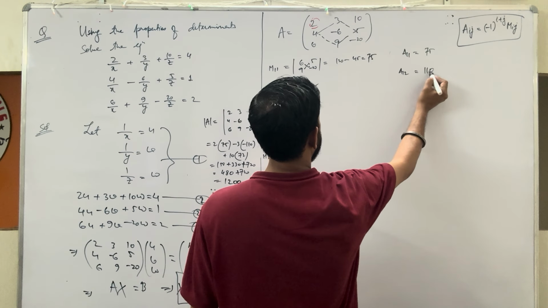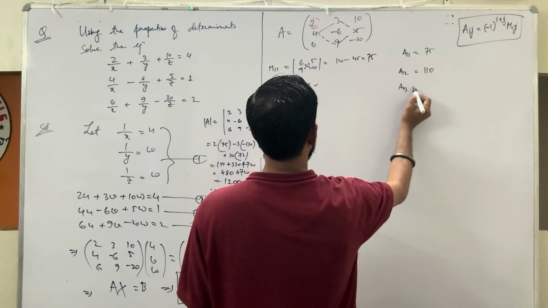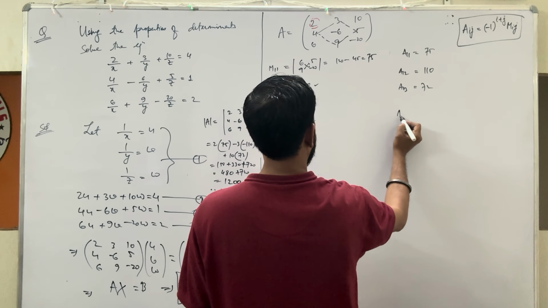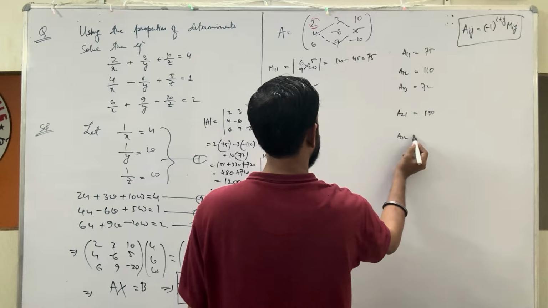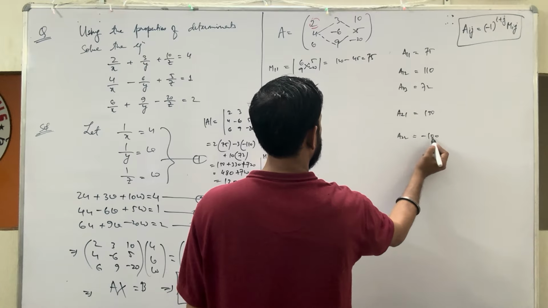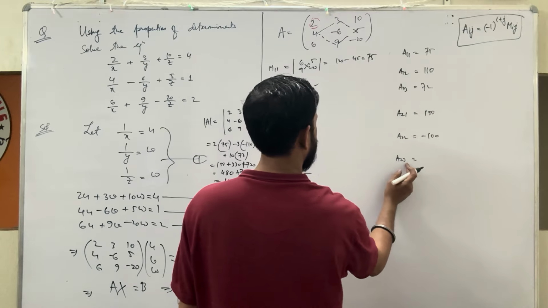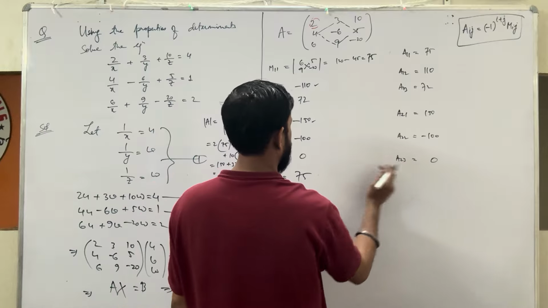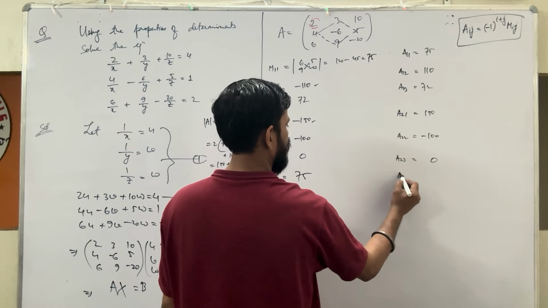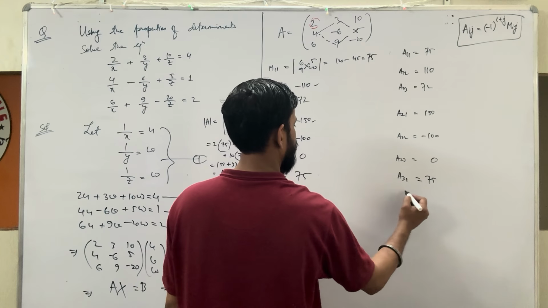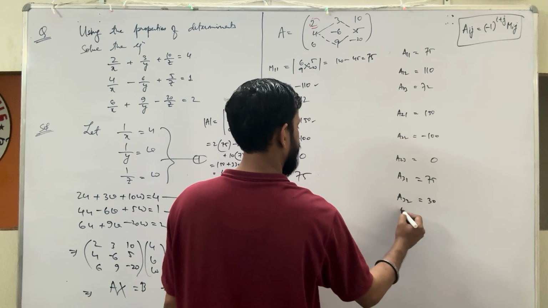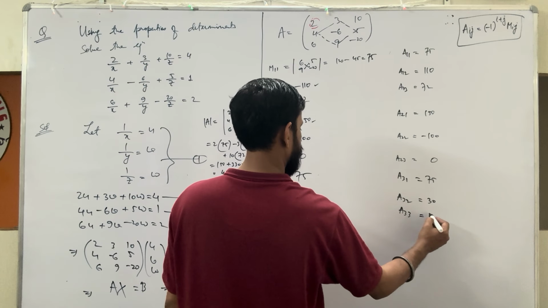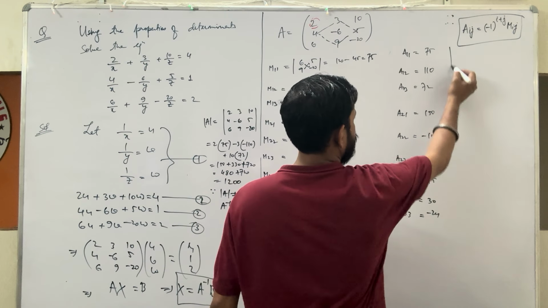A12 will be just negative of this, and A13 will be 72, and A21 will be plus 150. A22 sign won't change. It will remain the same. A23, because this is negative, it doesn't matter because it is 0. A31 will be 75. A32 will be 30. A33 will be minus 24.